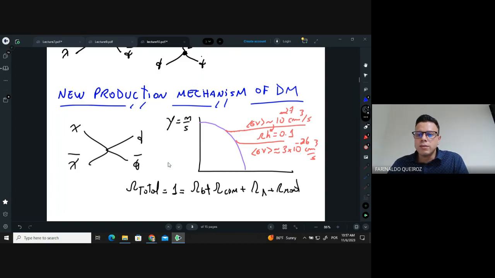So this is equal to 1. If I know this value, which is 0.7, and the baryons are 0.05, that's 5%, and radiation is nothing, basically, then omega dark matter is 0.25, let's say.